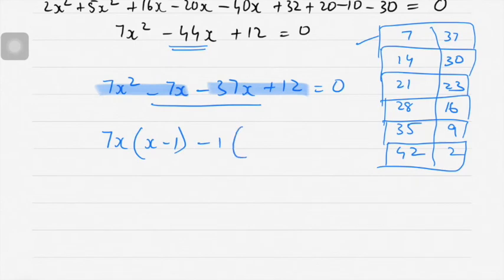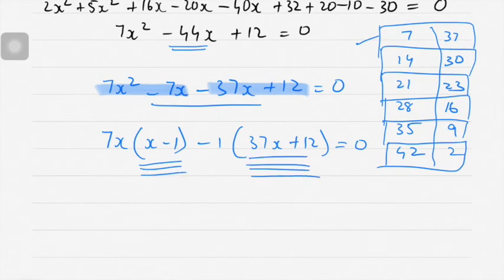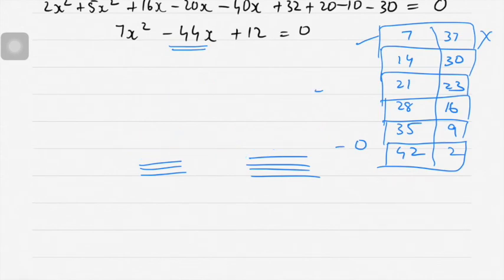So I have to bring minus 1 out because nothing is common: minus 37x plus 12 is equal to 0. Okay, here what is the problem? I want to make sure that this bracket and this bracket have to be same. Now inside the bracket it is not same, so I cannot take the first option.